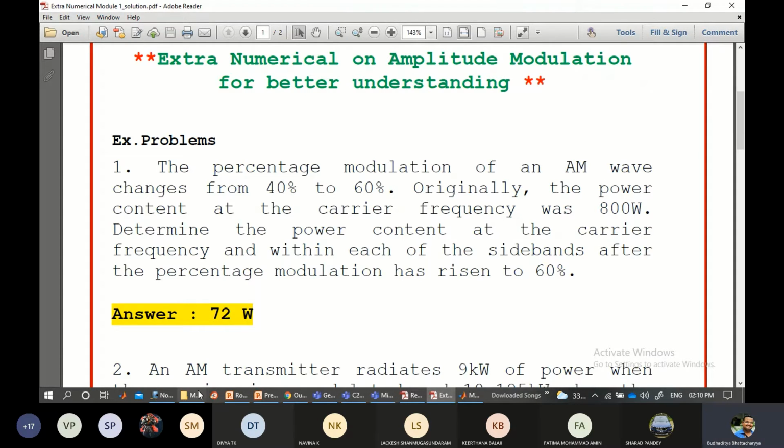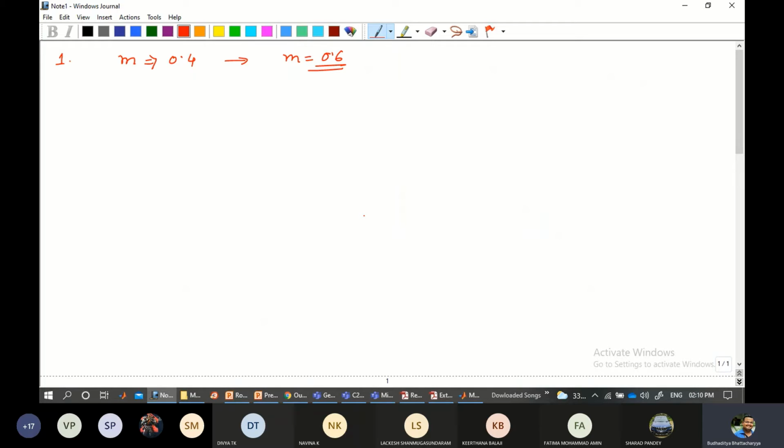Does anyone have an idea how to go about this, or what exact equation we refer to to start off? We remember we had an equation like this: Pt = Pc(1 + m square by 2). This was derived some time back when we were discussing power in AM modulation.